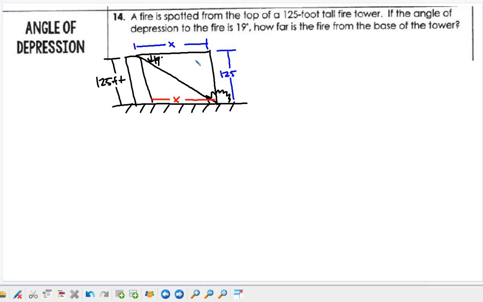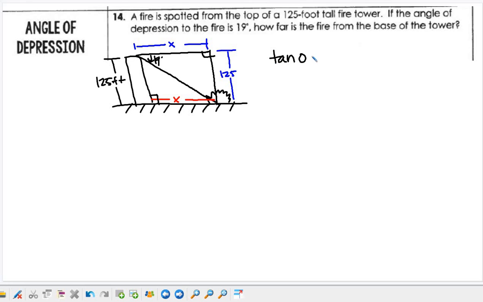I'm just going to work with the given information, which means I'm going to find this x based off the fact that I know this distance and this distance have to be the same. My horizontal distance and my vertical distance have to be the same. So here's my 19 degrees, so it's the same process. What ratio do I have? Well, remembering this is my right angle, I have opposite and adjacent, which is tangent.